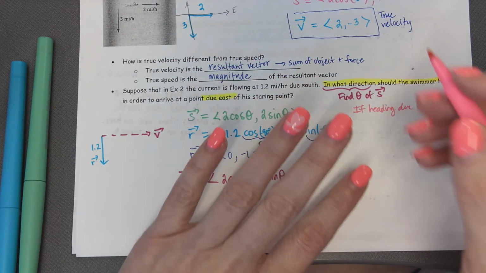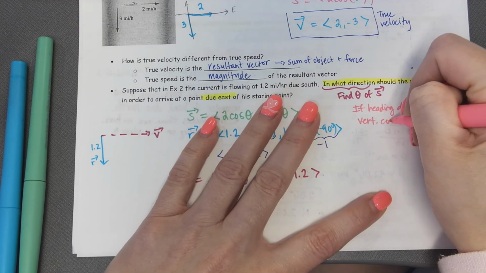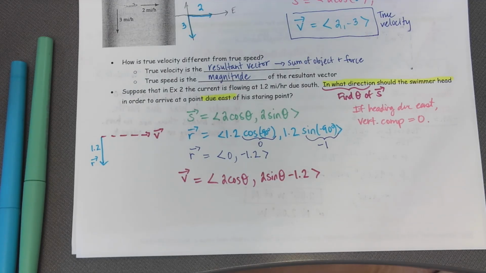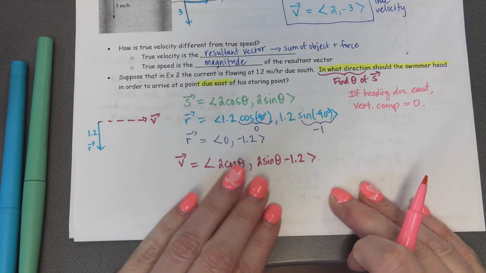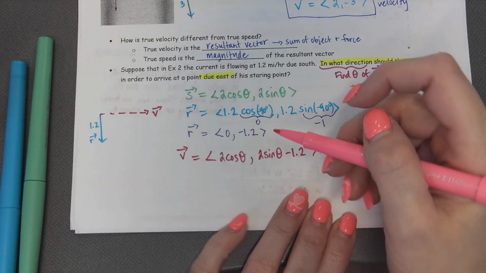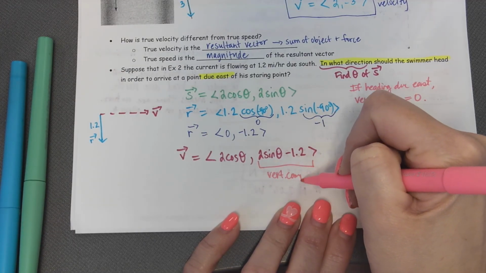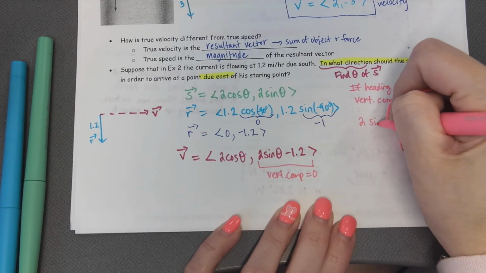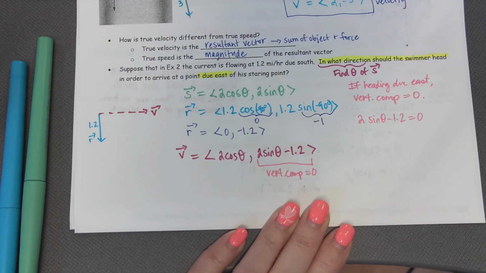So if you're heading due east, your vertical component has to equal 0. It's always the opposite forces that you want to be 0. That's what will knock you off course. Okay, so this is your vertical component. So we're going to set that equal to 0, and we're going to solve.